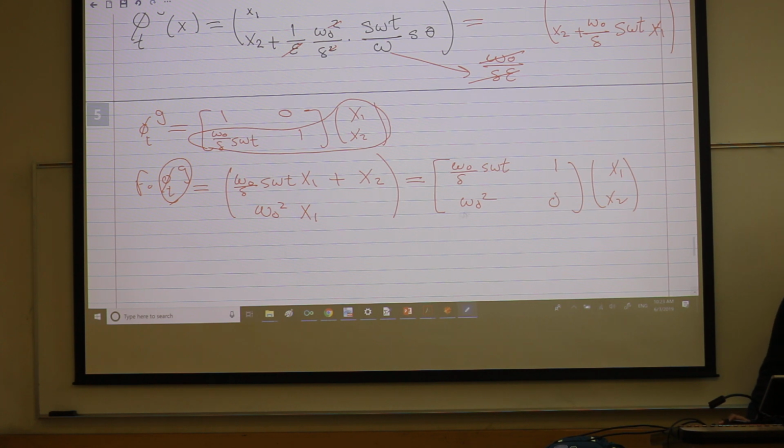The last thing is what? You multiply it with the Jacobian, right? The Jacobian of negative g, by the way. So from this we can get phi t negative g. Well, it's the same, just invert your matrix because it's linear. When I invert the matrix, this is super easy, just change the sign here.